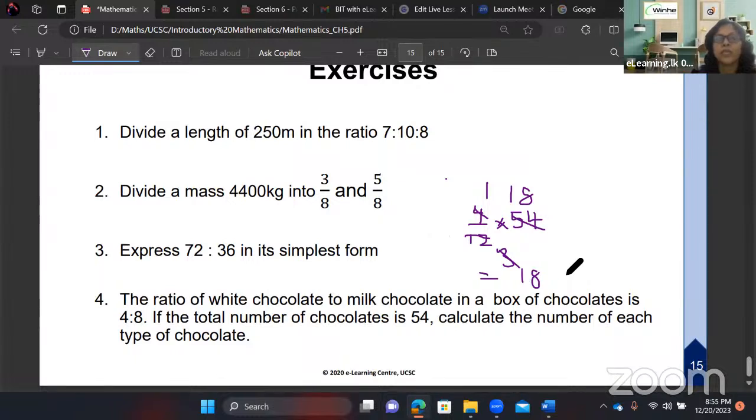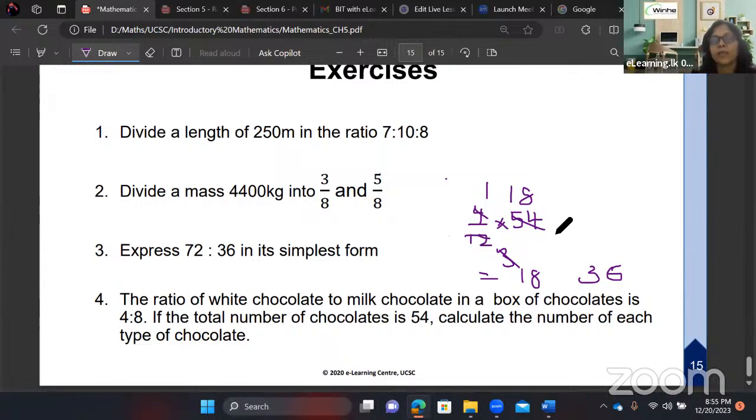Then the number of white chocolates is 18. How many milk chocolates are there? 36 milk chocolates are there. Right?